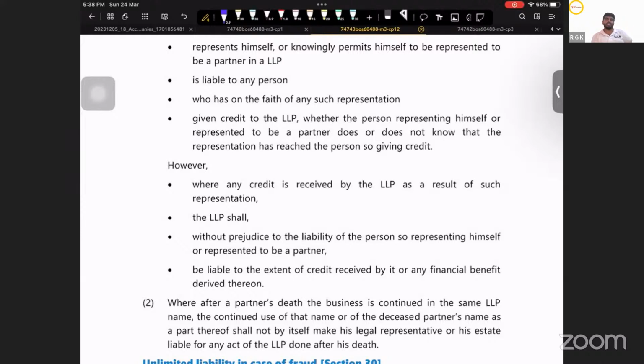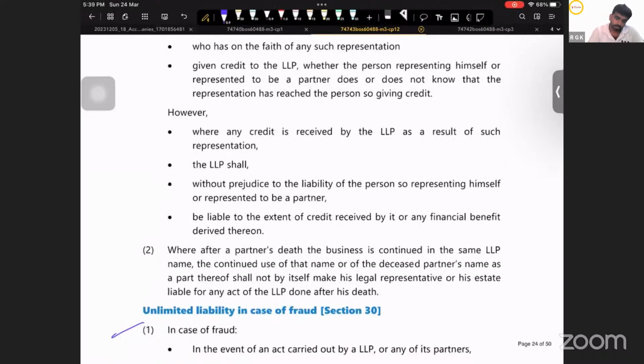If any punishment is there, he will be punished. But if the LLP has taken any benefit because of that wrong representation, then to the extent of the benefit the LLP has taken, the LLP will continue to be liable. LLP ಯಾವ benefit ತಗೊಂಡಿದೆಯೋ ಆ benefit ಗೆ LLP liable ಆಗ್ತದೆ. The LLP shall continue to be liable for the benefit derived by the limited liability partnership.